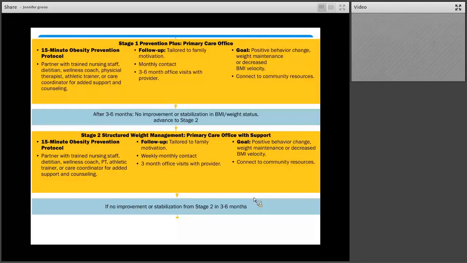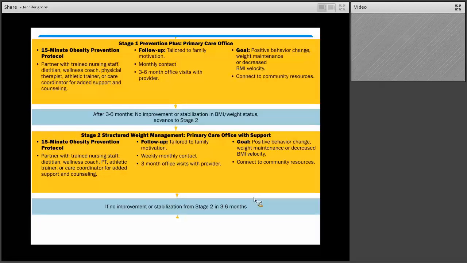So is there a possibility that we can correspond with that patient? Maybe the nurse sends them a message through their patient portal, or maybe it's a phone call if they're interested in following up that way on a monthly basis. And then having a follow-up with that primary care provider in the office, and that is a billable office visit to be able to have that touch point.